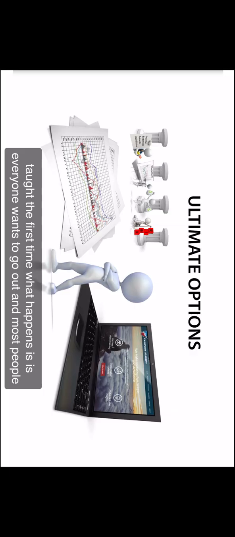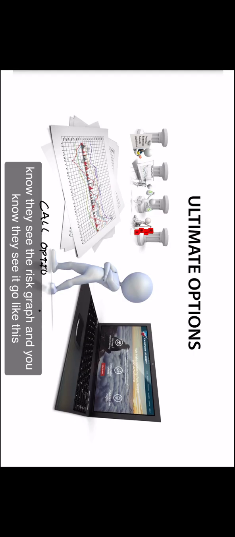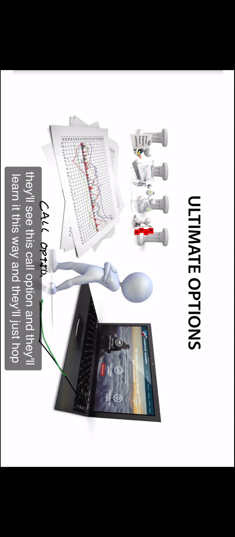What happens is, most people, when they learn options the first time, they start with a call option. They see the risk graph, and they see it go like this, and maybe the timeline on it might look like that. And they'll see this call option, and they'll learn it this way.